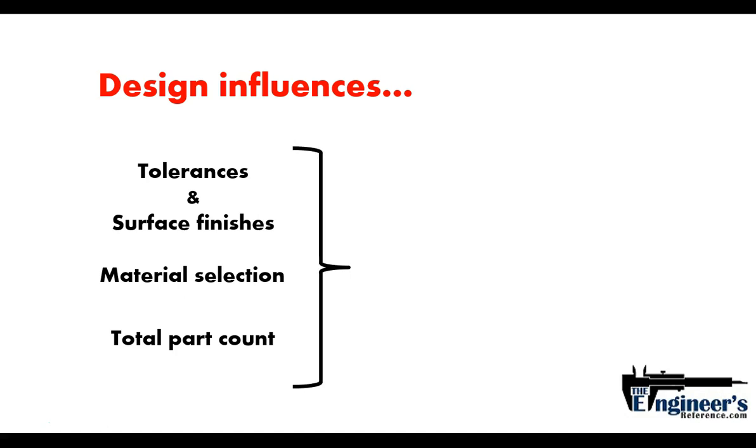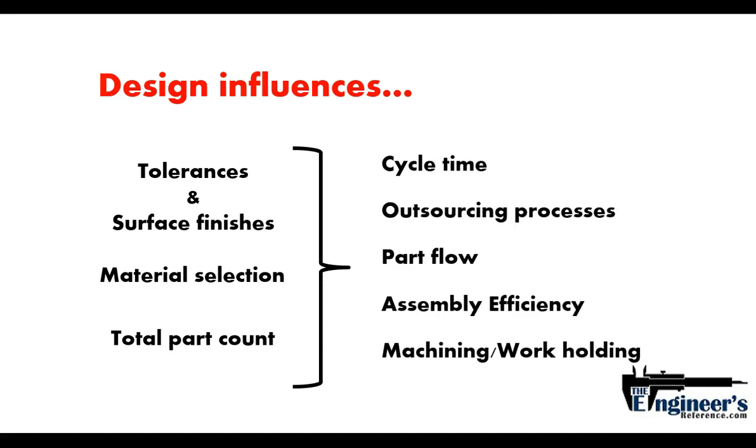Now we looked at those things that you can actually impact during the design stages, when you're not doing an over-the-wall design method. What you actually end up influencing are things such as the cycle time. How long does it take to machine that component? How long does it take to assemble that component? Do your tolerances and surface finish have some sort of impact on the cycle time?